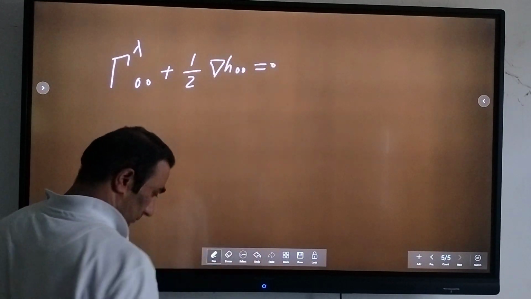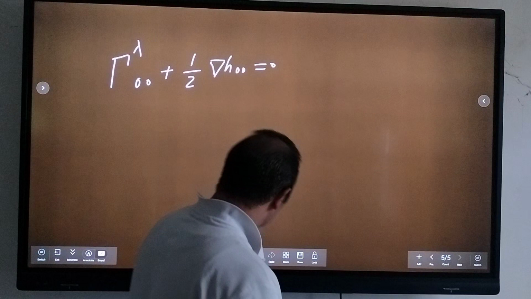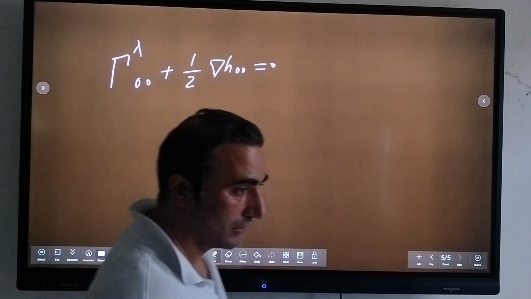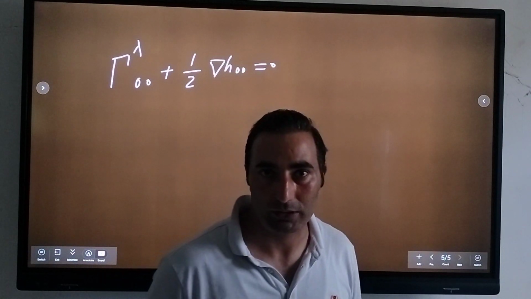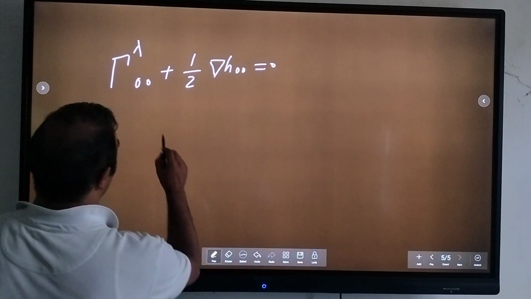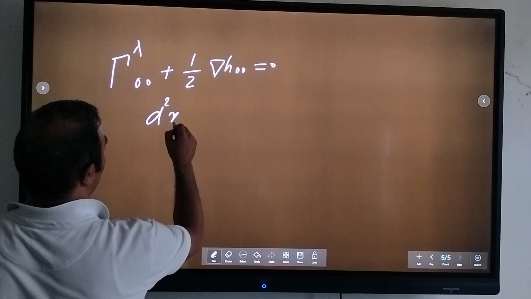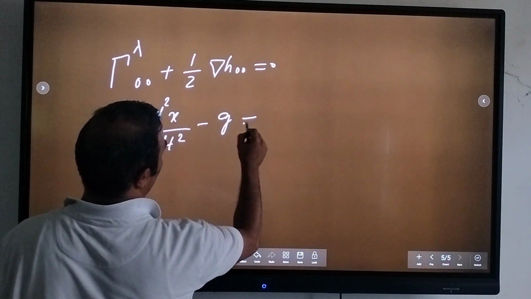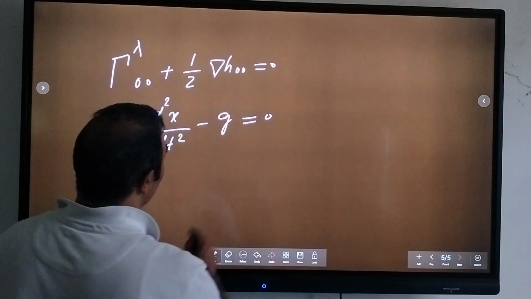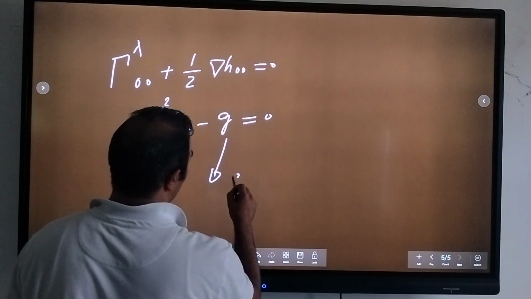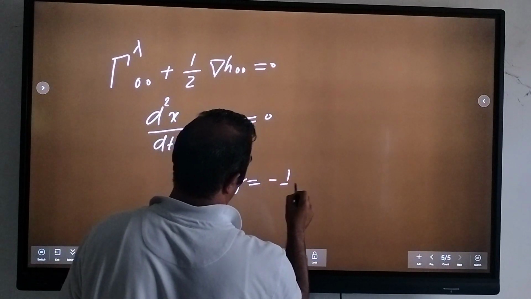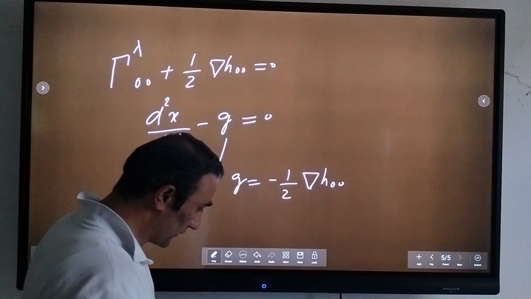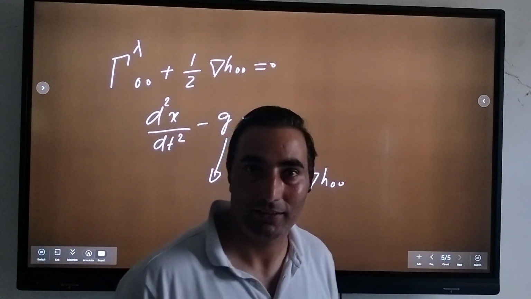So if you compare this equation with the free fall of an object, that means if you compare it with the equation d2x by dt2 minus g equals 0, then this g will be minus 1 by 2 nabla of h. So this is simply the gradient of h, right?